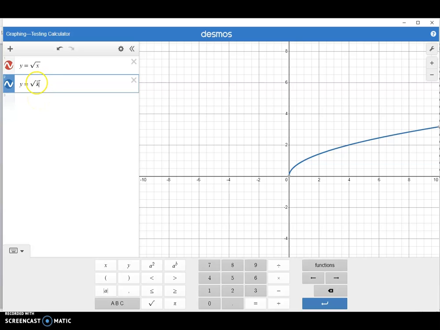It is like your parentheses. So your number is outside. Let's say it's plus 3. All right, so as you can see, your original parent function has translated 3 units up. So that is the effect of that transformation on the parent function.